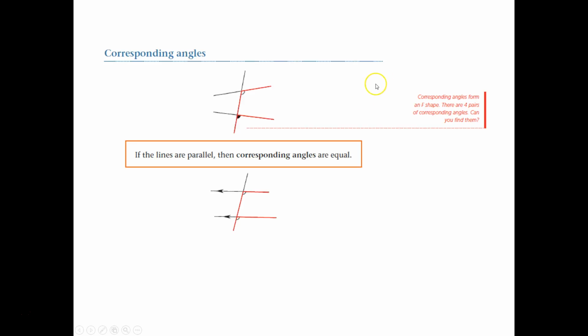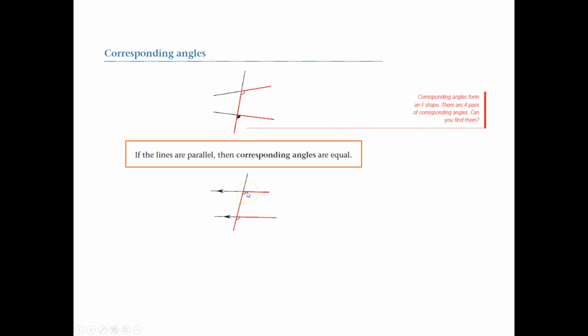Now when you have a transversal cutting across a pair of parallel lines, you get a pair of corresponding angles, and corresponding angles are equal. In fact, in a transversal there are actually four pairs.